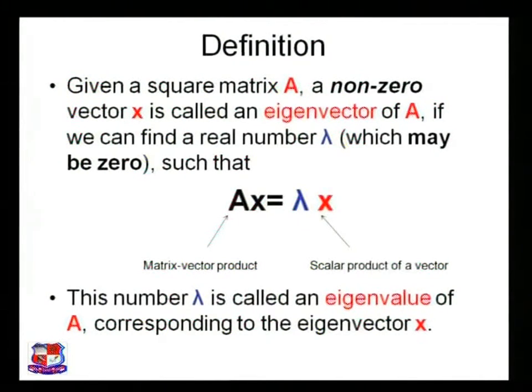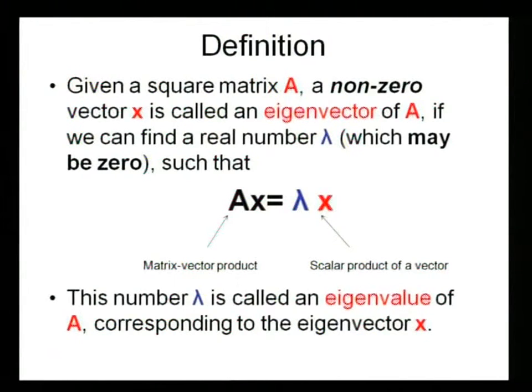So the vector x which satisfies the equation Ax is equal to lambda x for some value of lambda, then that lambda is known as the eigenvalue of matrix A corresponding to the eigenvector x. This is the definition of eigenvalue and eigenvector for the given matrix.